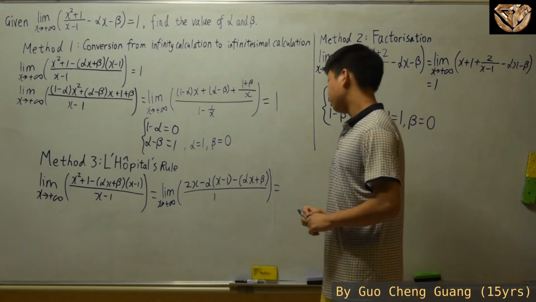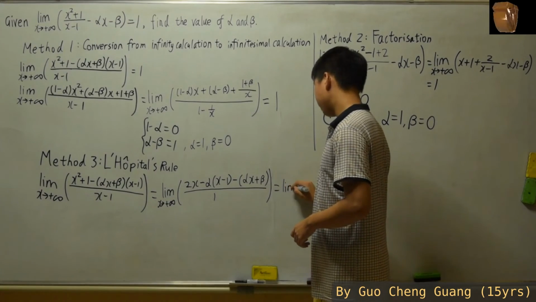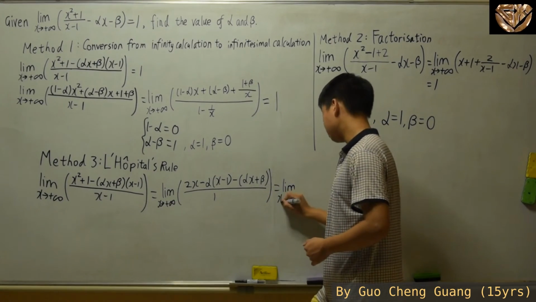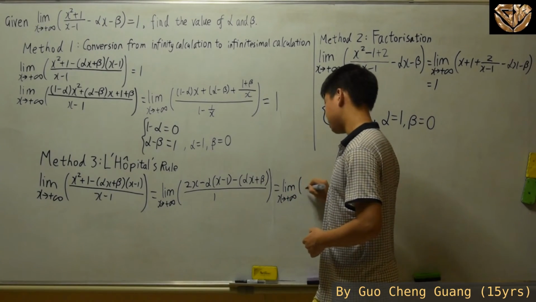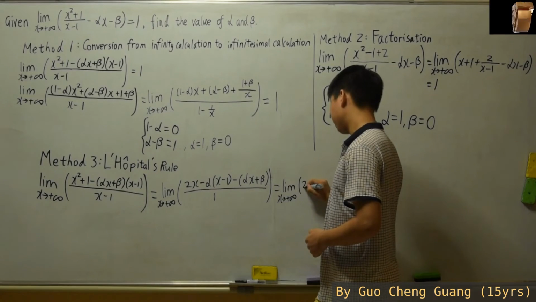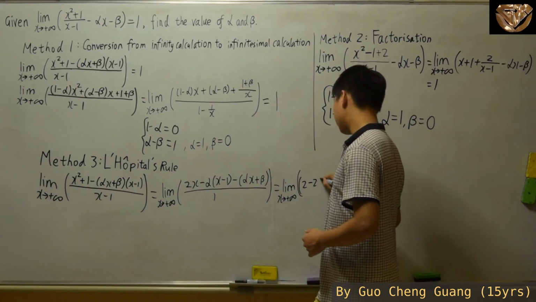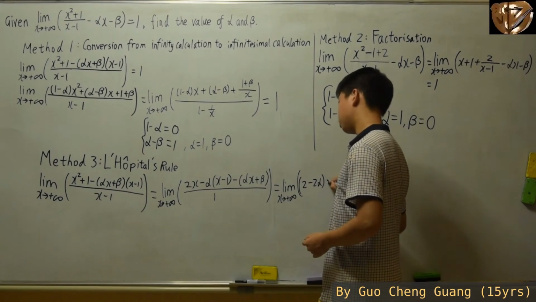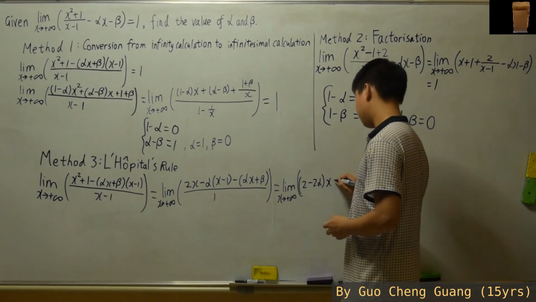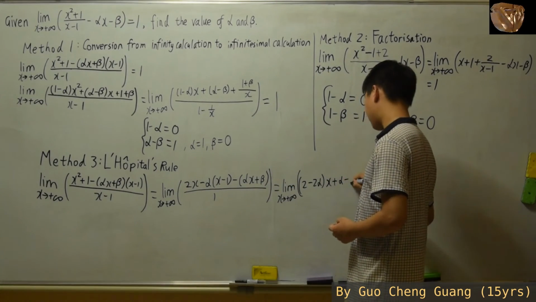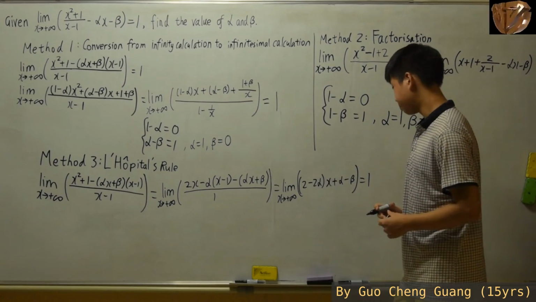But for this part over here, you can rearrange it. So limit as x approaches positive infinity, you're going to have 2 minus 2 alpha, well, you could already take out a 2, and then you're going to have the constant terms. We're going to have plus alpha minus beta, and this will be equal to 1.